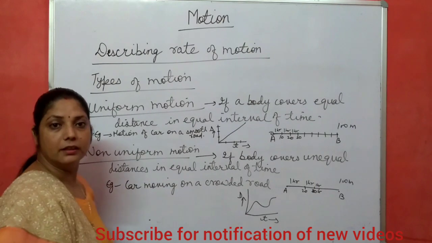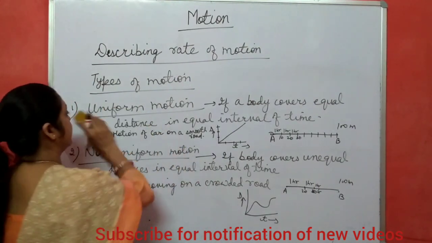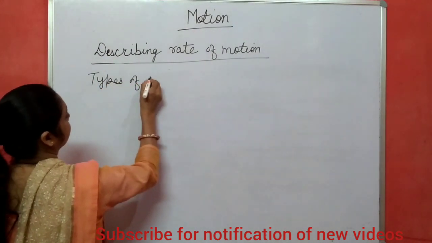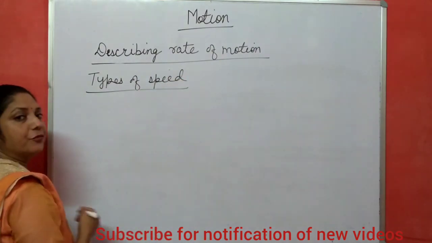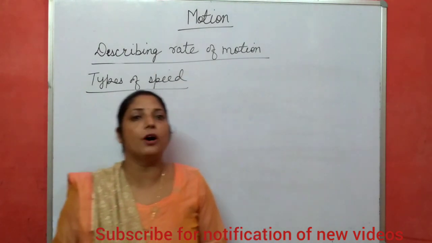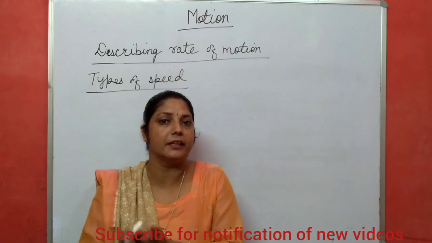Next, come to the same point, types of speed and velocity. First, types of speed. After this, types of velocity we will discuss. What are the different types of speed? You know that in case of uniform motion, a body covers equal distance in equal interval of time.